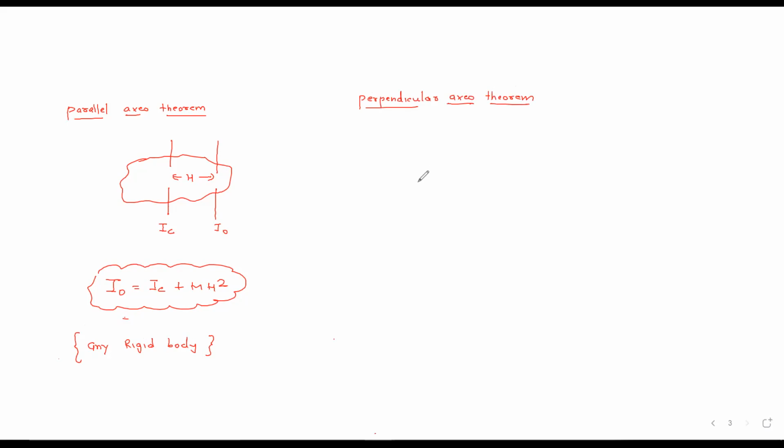So there is a square lamina. Suppose there is a 2D lamina. There are three axes which are passing. X-axis and Y-axis are lying in the plane, and Z-axis is perpendicular to the plane.